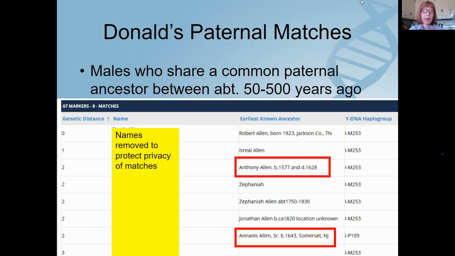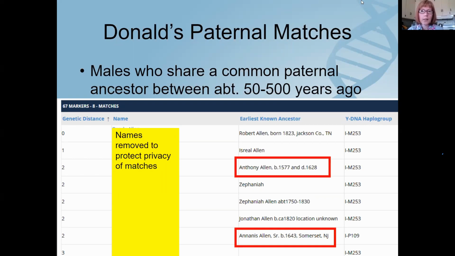And I removed their names, so you can't see the names of the men that he matched with, but you can see over in the middle there, their earliest known ancestors. So this is encouraging because remember, my dad's name is Donald Allen, and my dad's matches all seem to be Allens as well. This is helpful, and not everybody gets this result, but this is the result that we got.